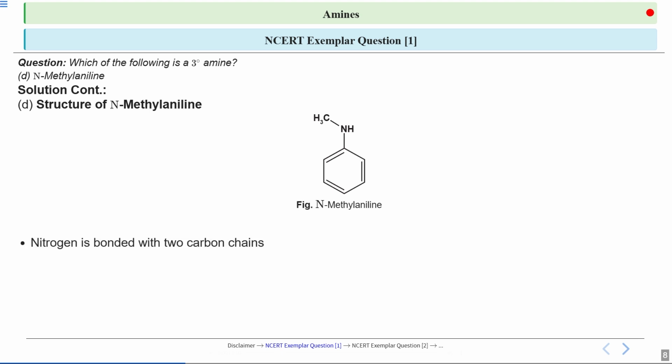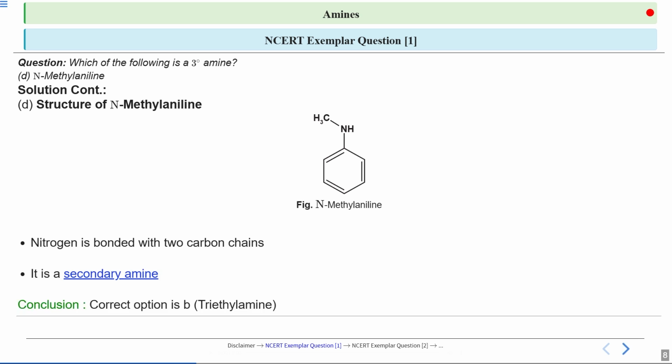Nitrogen is bonded with 2 carbon chains, so this is a secondary amine. Therefore the correct answer for this question is option B, which is triethylamine, a tertiary amine.